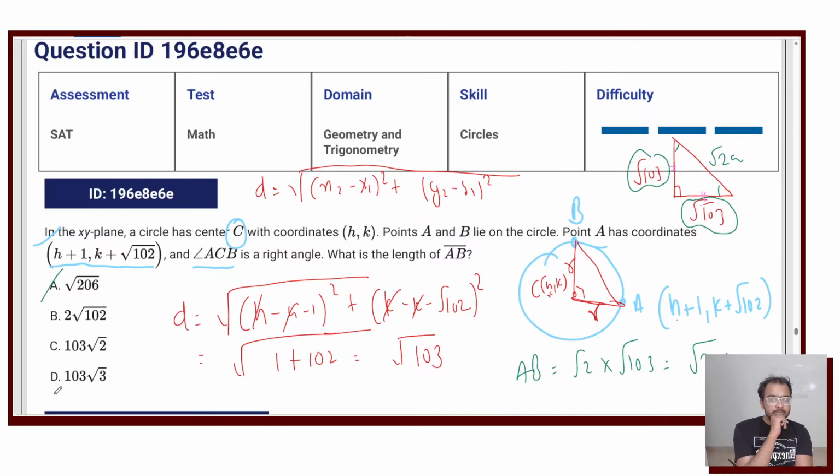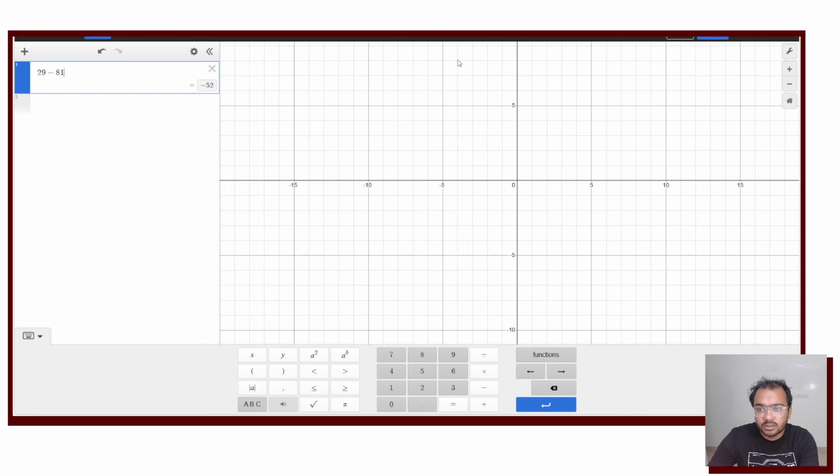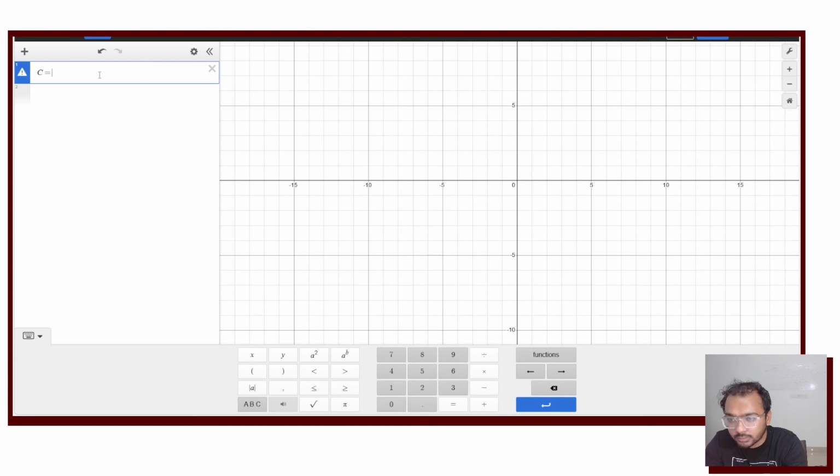Okay. Now, if you wanna use Desmos for this, you can do that as well. For that, you will put this coordinate there. The coordinate C was given as C equal, write it as h, k.